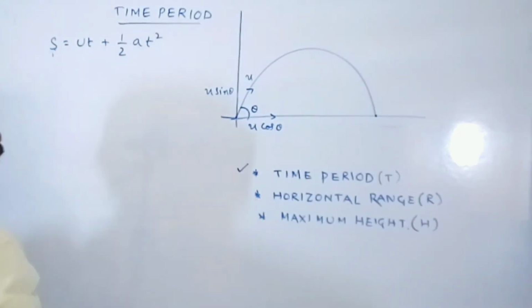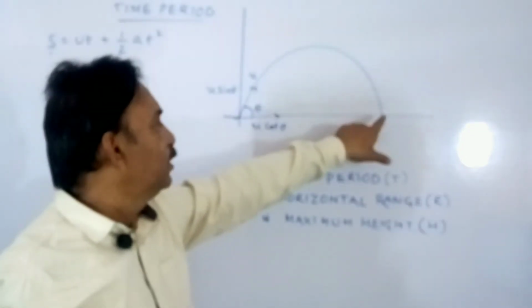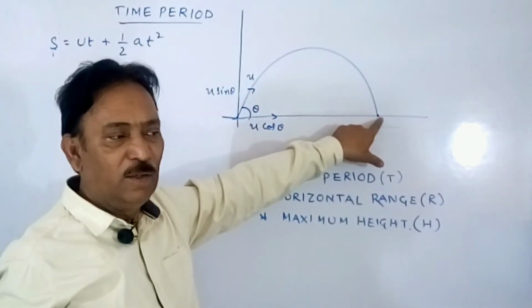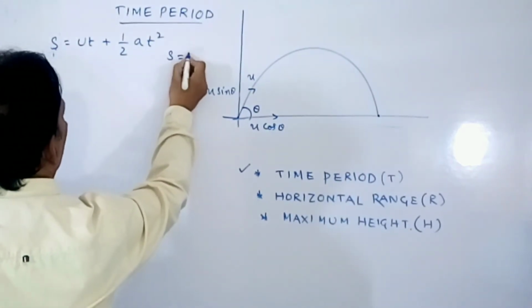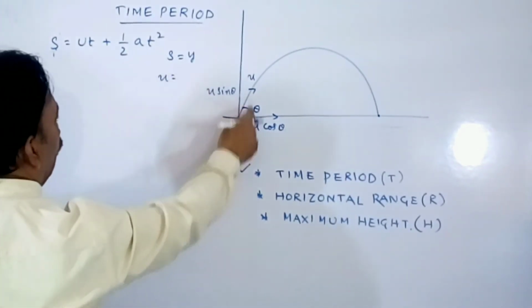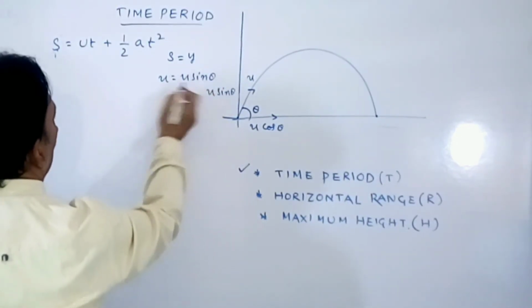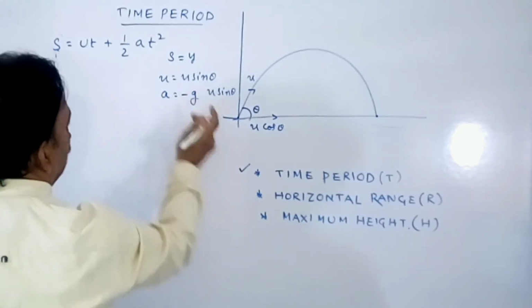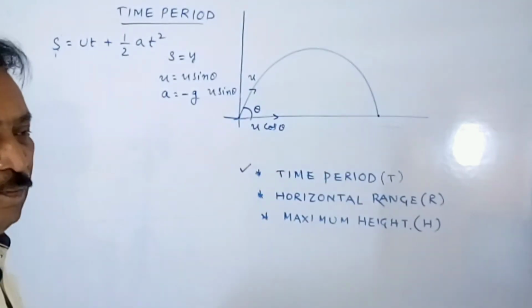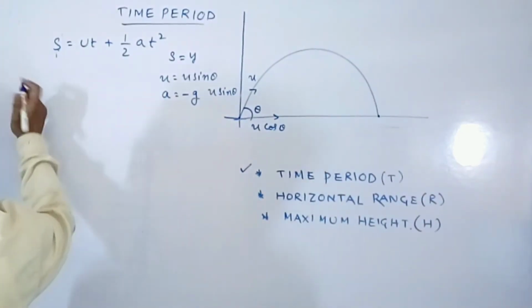After reaching this position, it started from here. It is a ground to ground position. Vertical displacement is equal to 0. Then we write S as Y, and u as the vertical component of velocity, which is u sine theta. Acceleration is taken as negative, because we are talking about the vertical and acceleration is in the opposite direction.